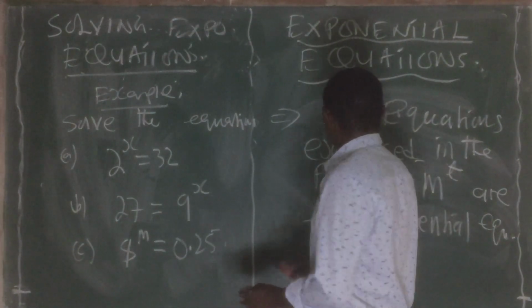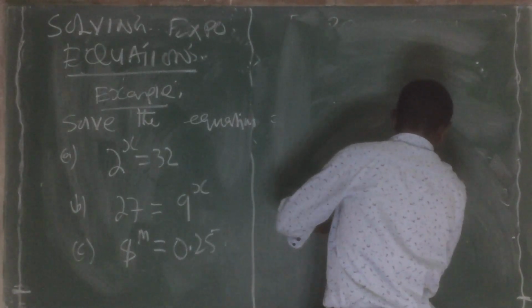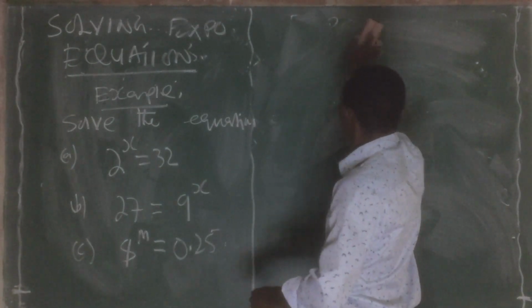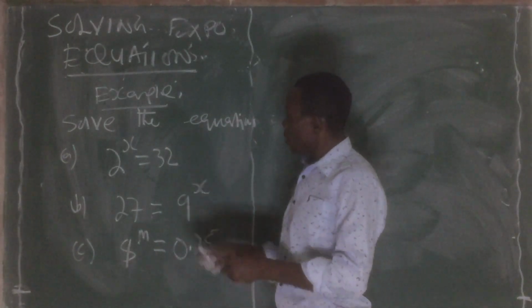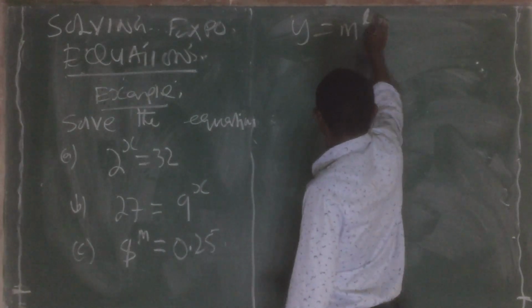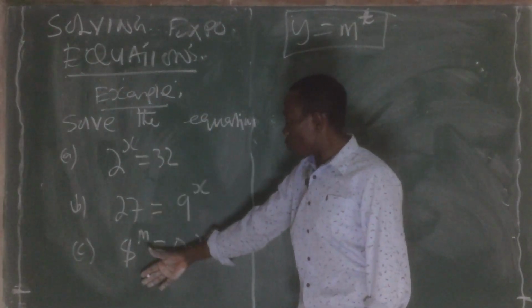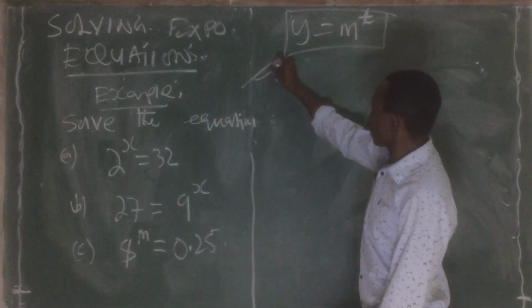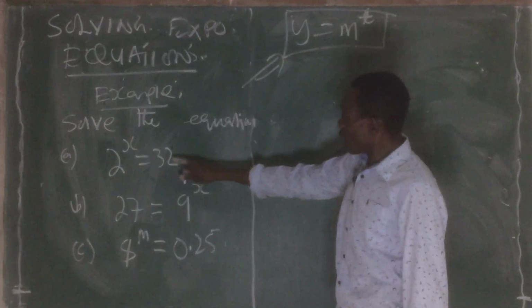Look at the examples which I've just given you on the board. From what we've just discussed of the format y is equal to m to the power t, you'd be able to see that these three equations are part and parcel of this. In the first, you can present y as 32.